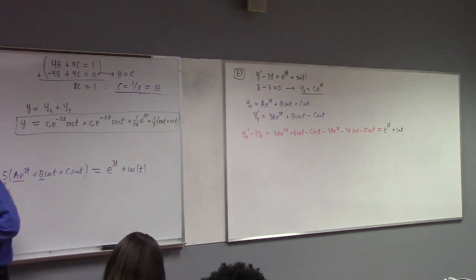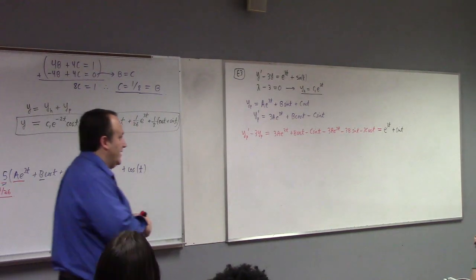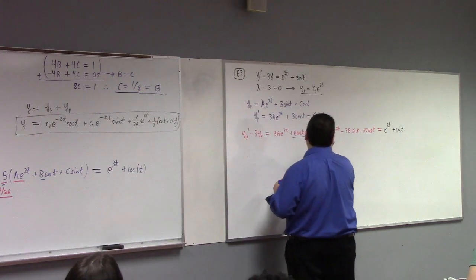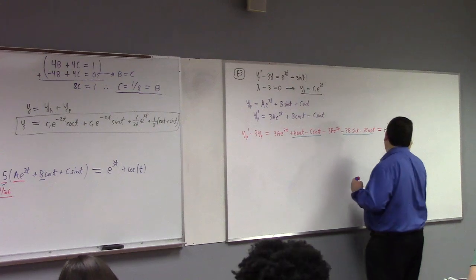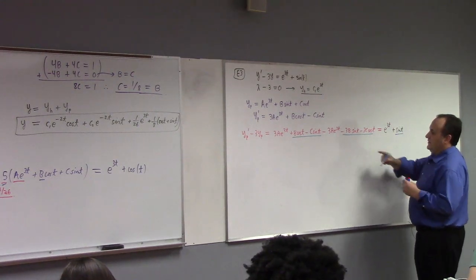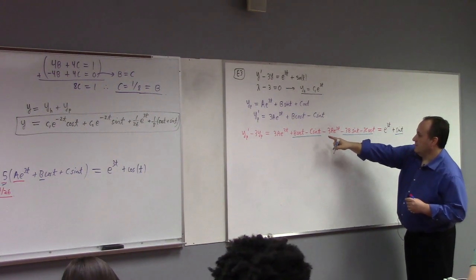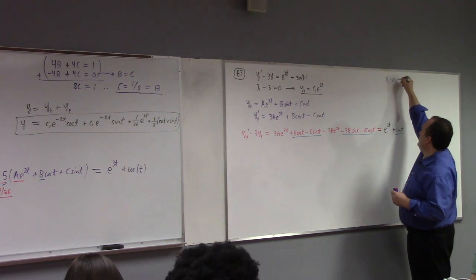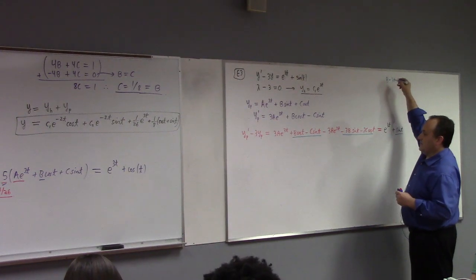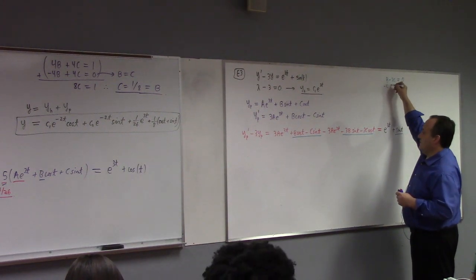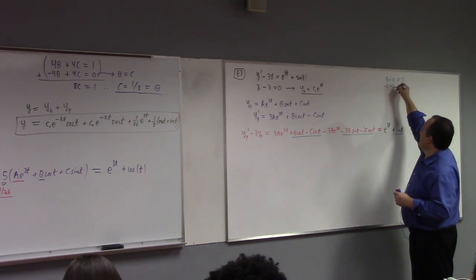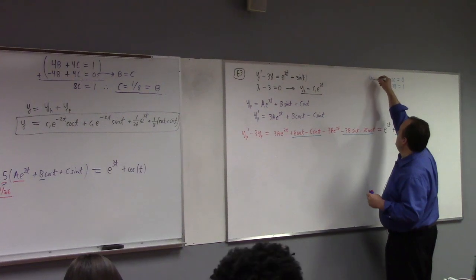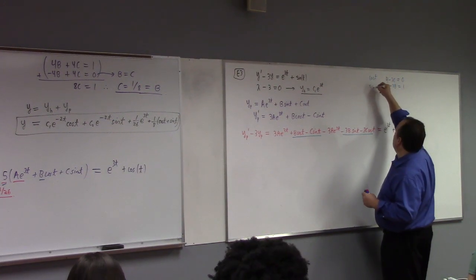So if you look at this, we can make the sine t work out, right? So if you look at this piece here and this piece there, we can make that happen. We'd have b minus 3c equals 0 and minus c minus 3b equals 1, right? This is from cos t. This is from sine t. See that?